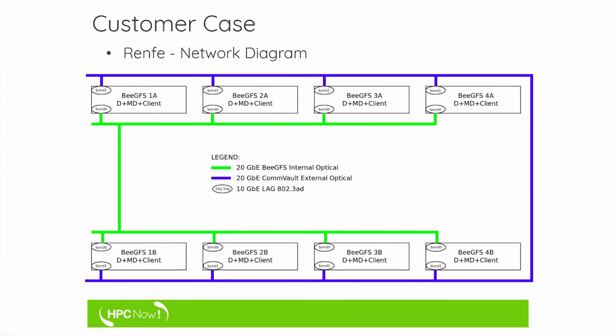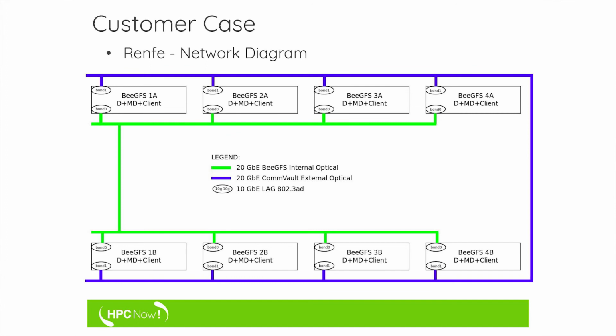For connectivity, they have 4 10 gigabit Ethernet ports on each server, and the system is designed to survive the complete failure of a full site. So one of the two sites can fail completely and you will still be able to make the backups.